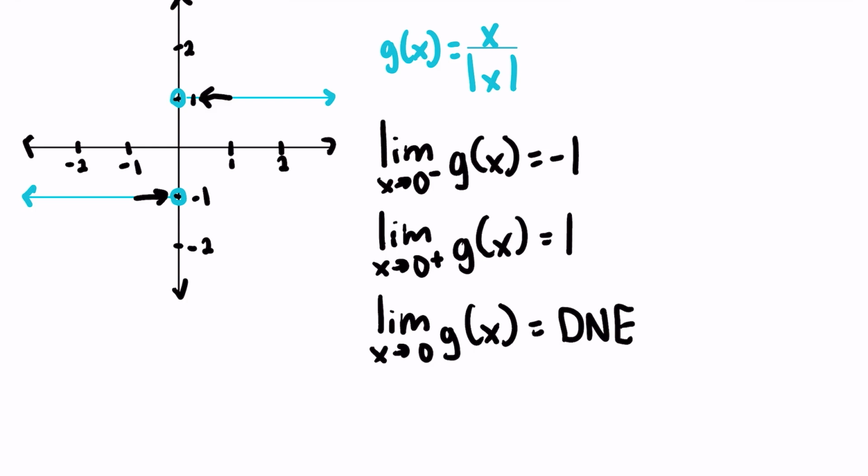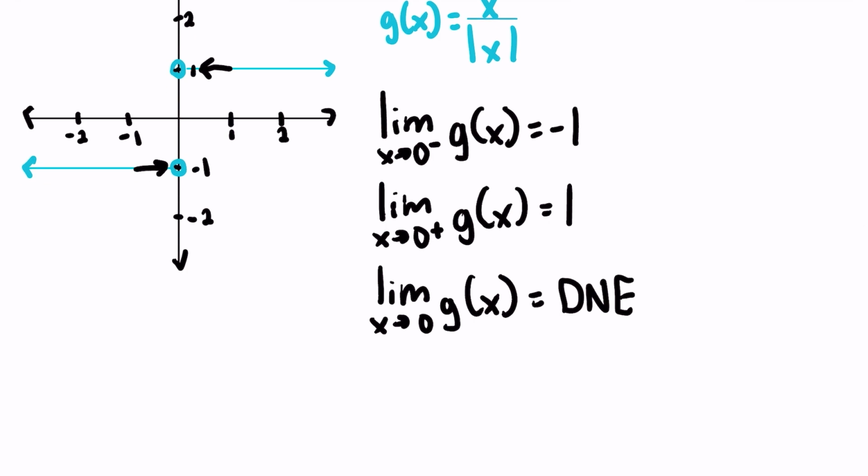And so this leads us to a very important theorem. Basically what this theorem states is that the limit exists and equals a certain value if and only if the one-sided limits exist and equal that value.